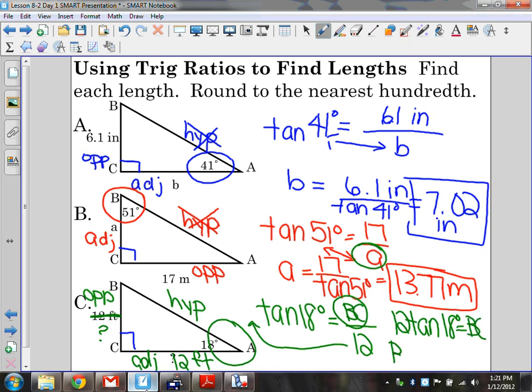So when we plug that in the calculator, we get BC equals what? And this time you can just type 12 tan 18 close parentheses. 3.899, which rounds up to 3.90, or you can just show 3.9, and our label here was feet. So our answer to this one is 3.9 feet.